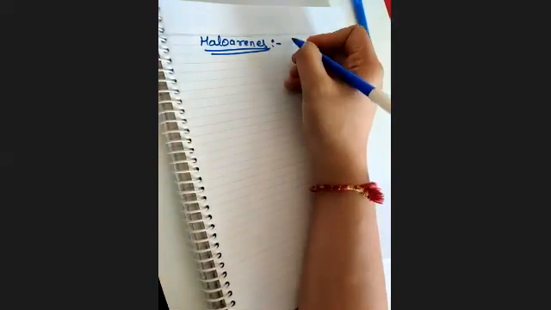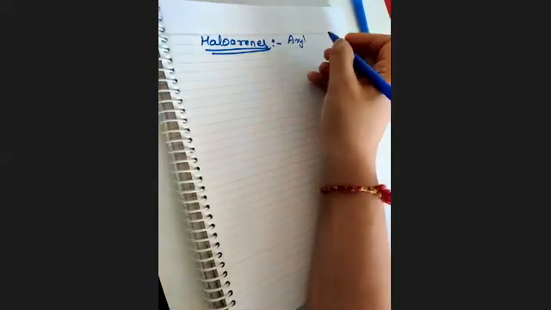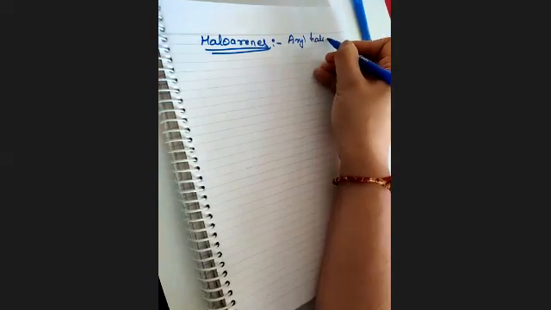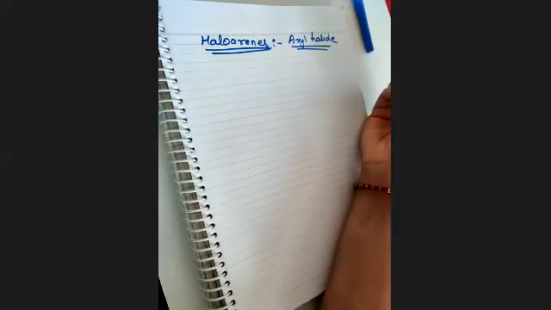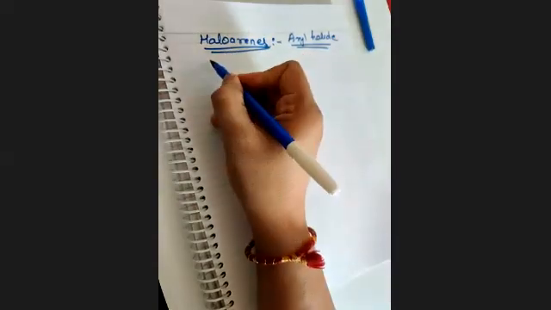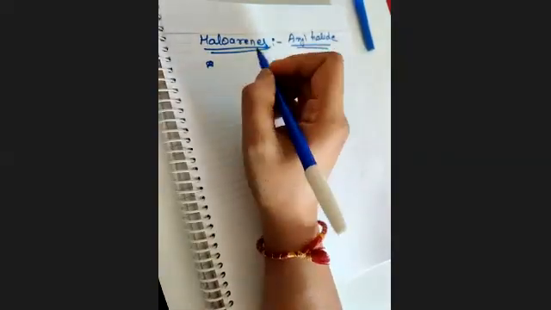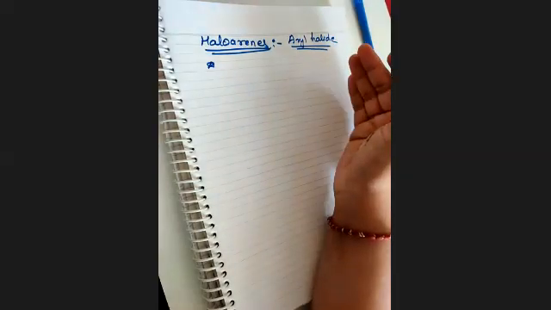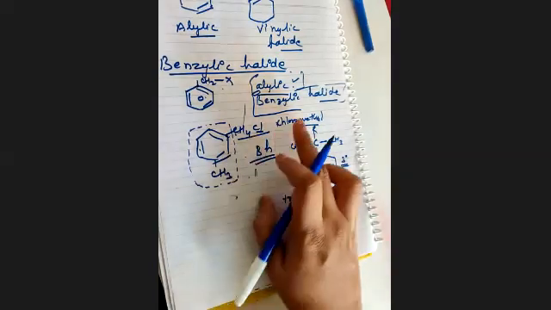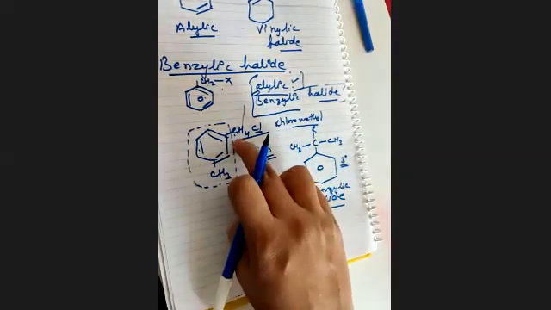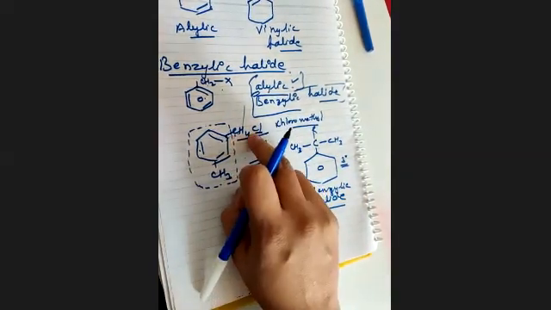So if we talk about haloarenes, these are aryl halides. Main point, number one. Here the halogen is directly attached to the benzene. Remember this. Previously in benzyl halide, we studied that the halogen is attached to the next carbon of the benzene.